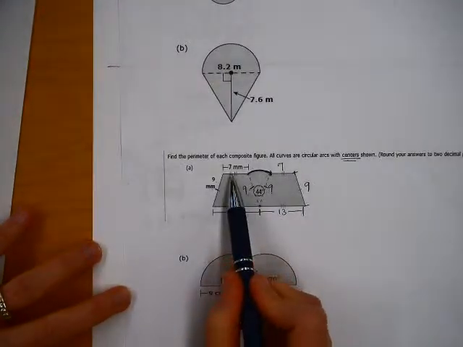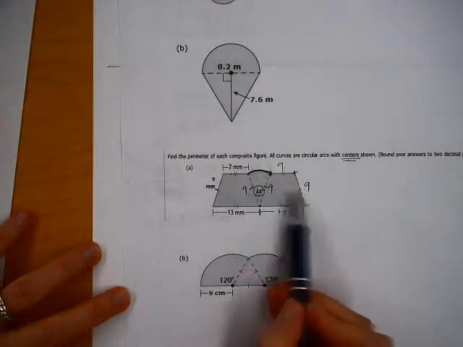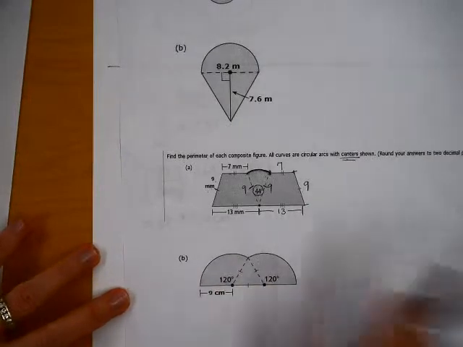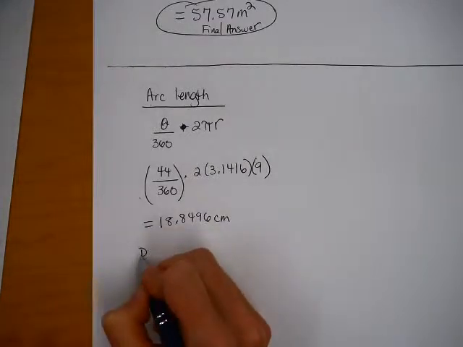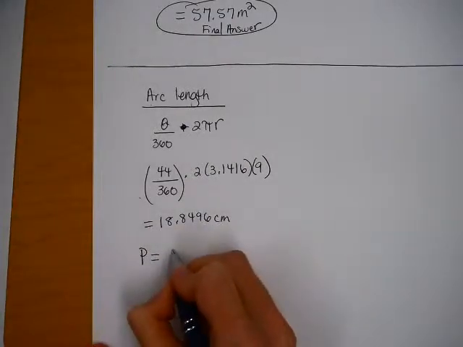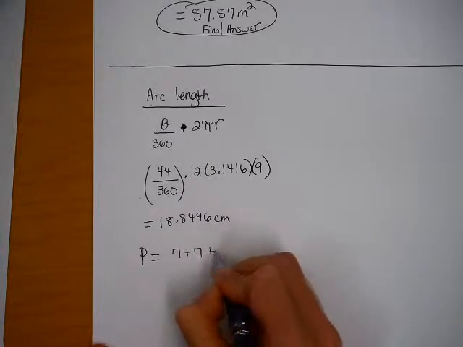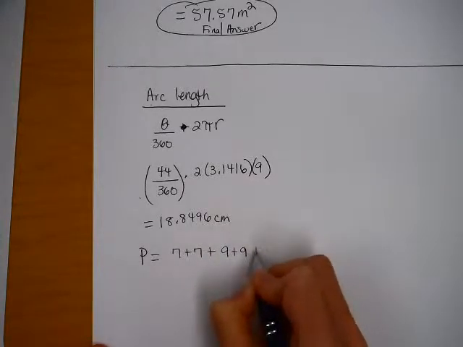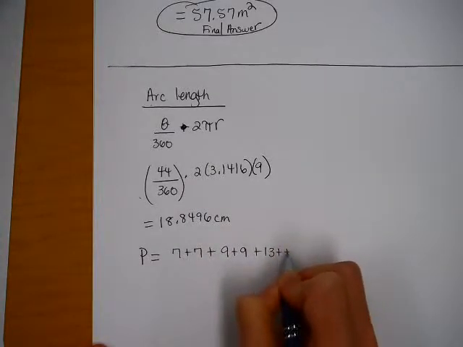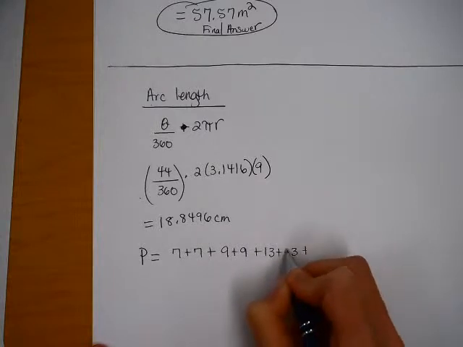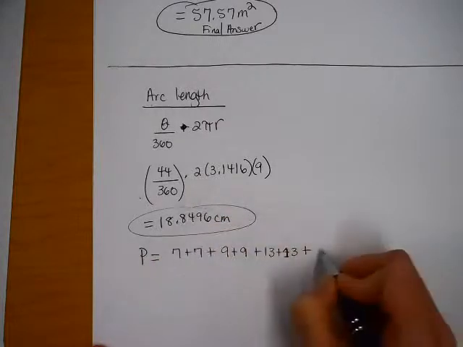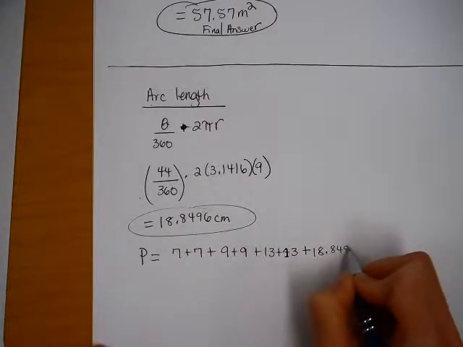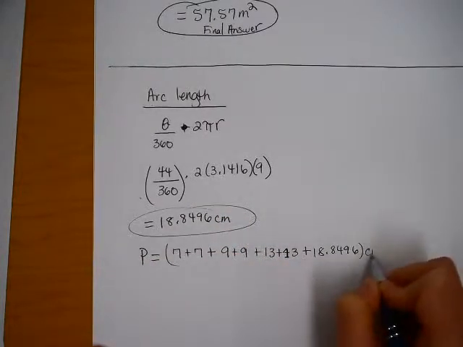Now we know this piece is 18.8496. We're going to add 7 plus 7 plus 9 plus 9 plus 13 plus 13 plus what we just found to find the perimeter. So the perimeter would be 7 plus 7 plus 9 plus 9 plus 13 plus 13 plus that arc length, 18.8496 centimeters.